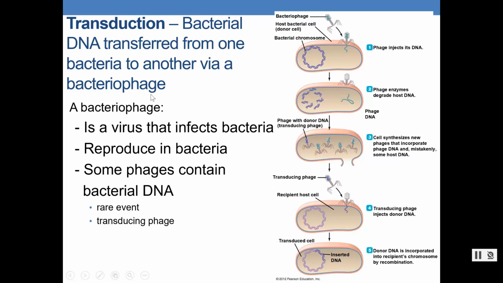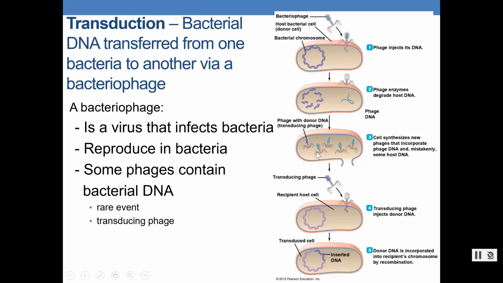Phage is just another name for virus. And you can see you've got a bacterial cell here that is getting invaded by a virus. The virus is going to chop up the nucleic acid and kill off the cell. It's going to make a whole bunch more viruses, and then the cell is going to lyse and release these virions, these viruses, out into the environment.